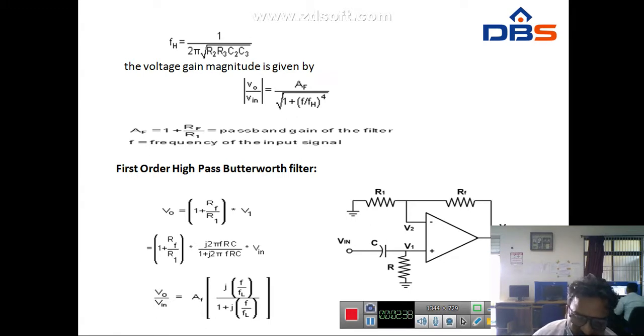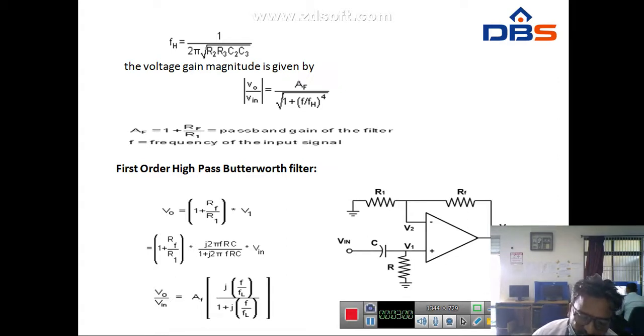This is the frequency at which the magnitude of the gain is 0.707 times its passband value. For all frequencies higher than FL, those are the passband frequencies.